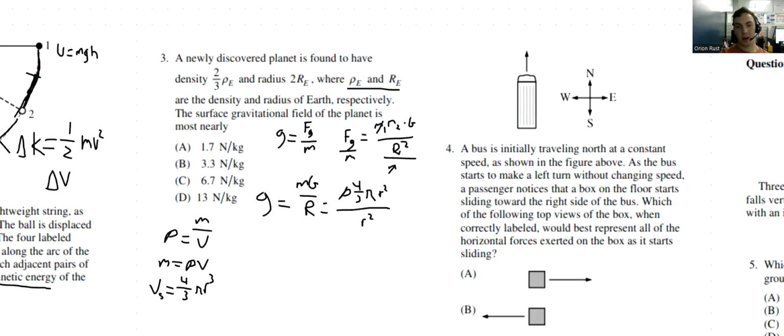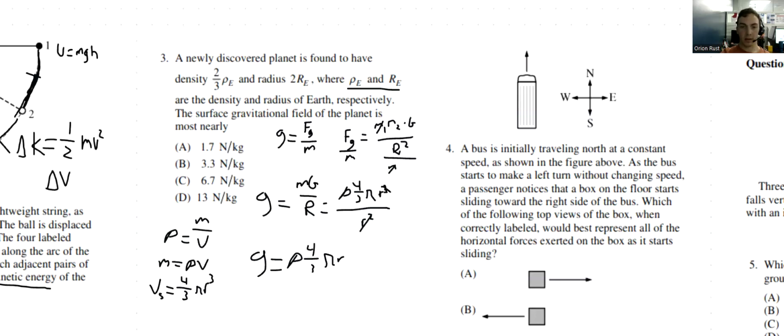Now, because of this, our r cubed cancels with the r squared, just leaving one r. So we can write it as density times 4/3 pi r, and this is going to be for our gravitation.